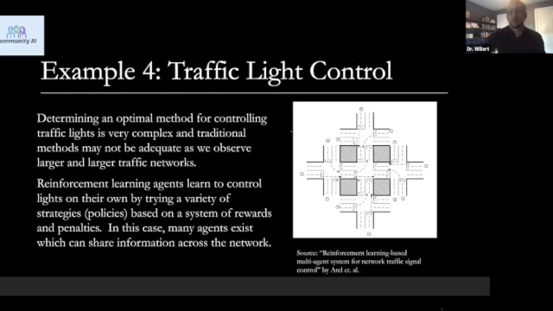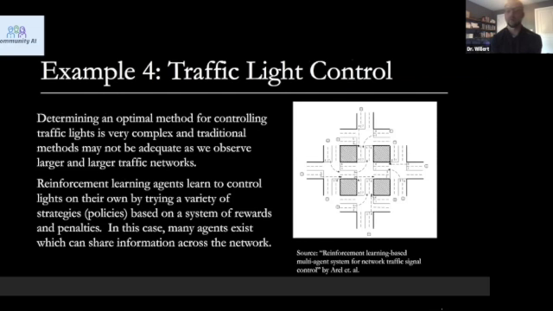This is a really cool example of reinforcement learning, and that's the example of traffic light control. So this is something that's probably frustrated some of you before. I'm sure not all of you are driving, but some of you probably are.